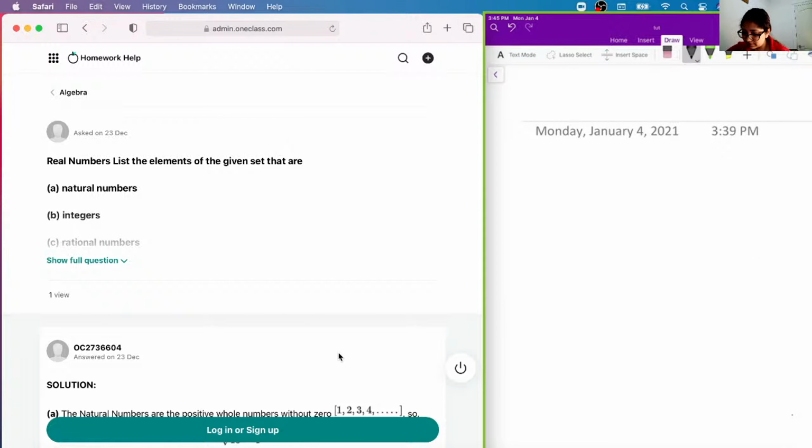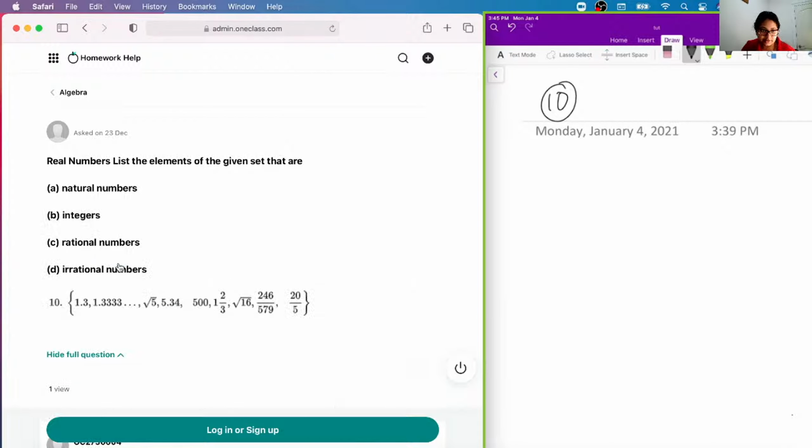Okay. And next is list real numbers. List the elements of the given set that are natural numbers, integers, rational, irrational. Okay. So the solution, let's say for A, natural numbers.